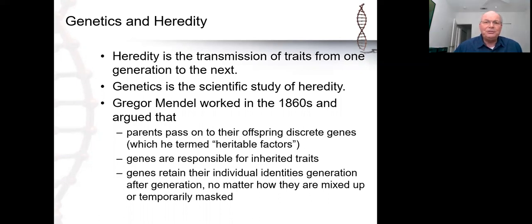And it was the interaction between those discrete inheritance particles, or discrete genes, and the versions of those genes, something that we refer to as alleles, that would account for the particular traits and characteristics that every individual would have. And once you understood the basis for how they were passed from one generation to the next, you could make some predictions about what you could expect to see in subsequent generations.